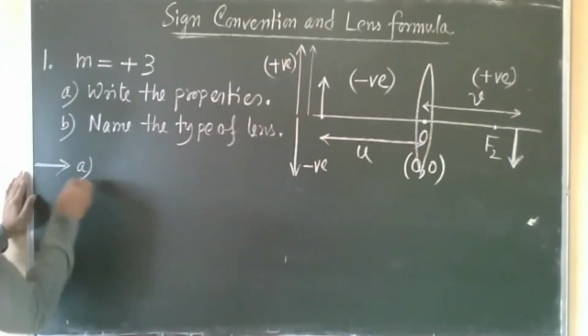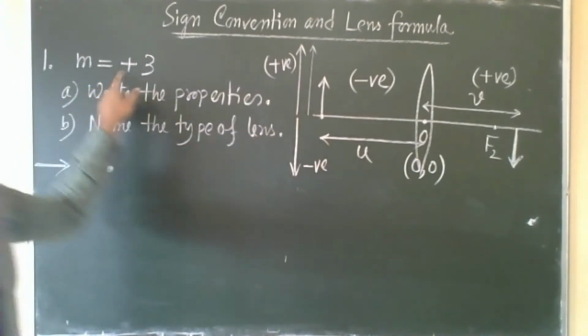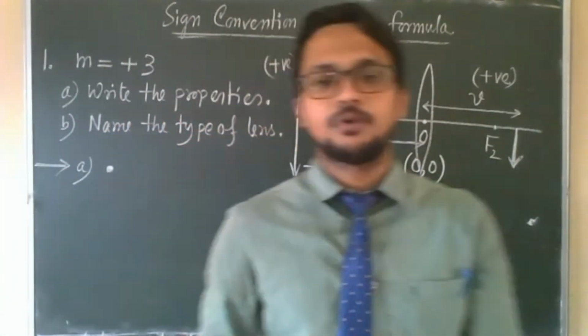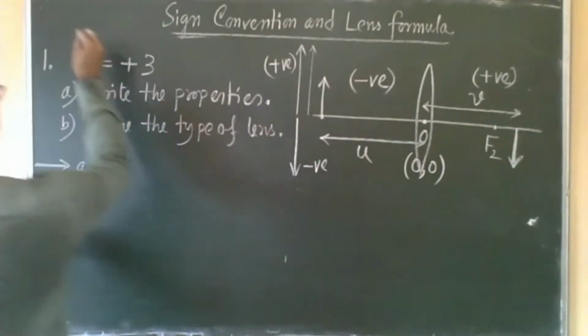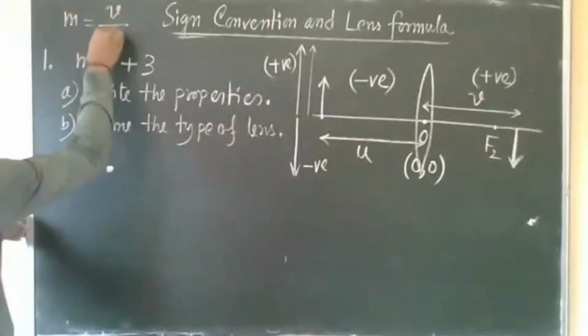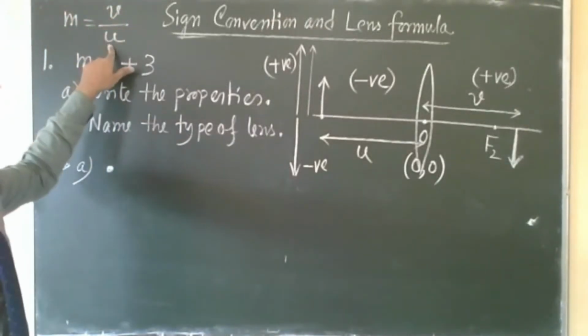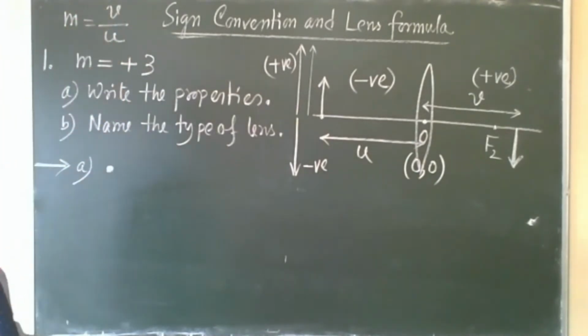So question A, write the properties. First property, come to the sign. Magnification is positive. Magnification is positive means what? Magnification equal to V by U. U is always negative, so to make M positive, V should be negative.